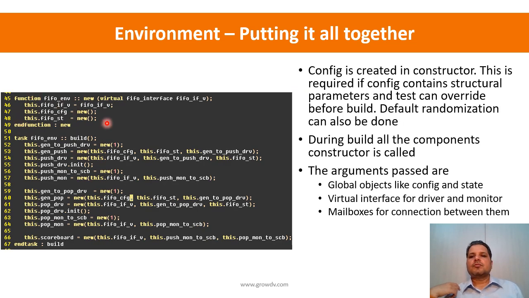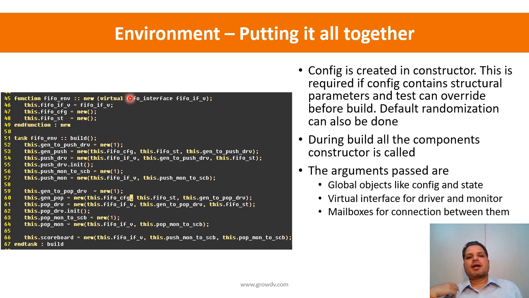So this is the constructor for your environment. We were saying that all the objects are built in the build phase. These are called phases, and a similar type of concept will even come in the UVM. So here we are doing it in a simplified fashion.